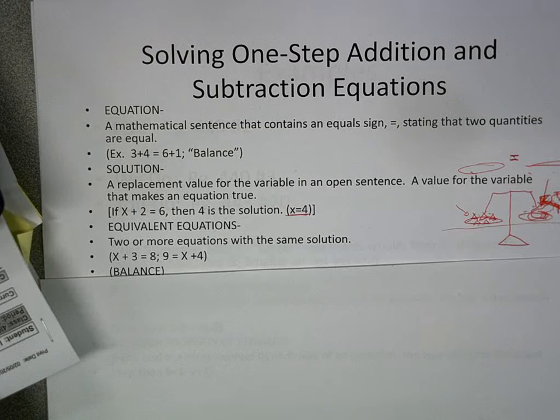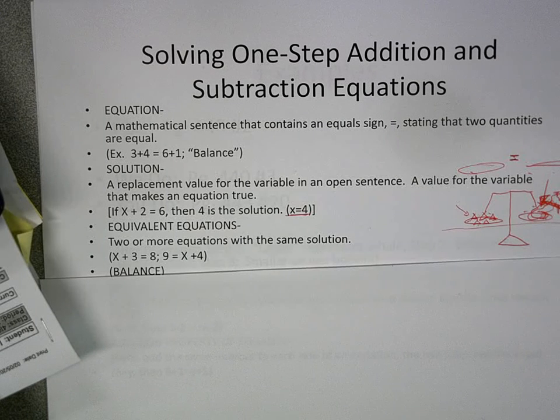With a scale, in the gold rush days, whatever you do to one side of the scale to keep it balanced, you have to do to the other. Equations are exactly the same thing. Whatever you do to one side, because they're equal, they're balanced, you have to do to the other. If you don't, it's not going to be balanced, and you'll get a wrong answer, in this case, a wrong solution.